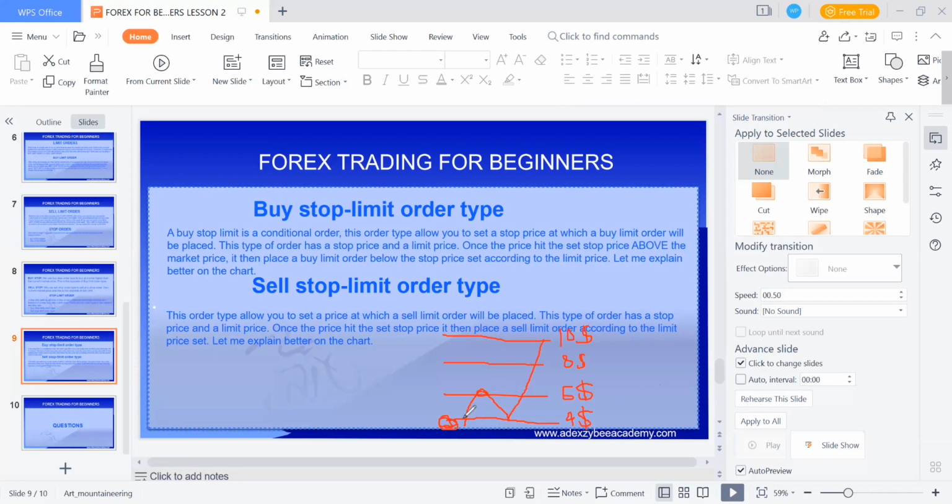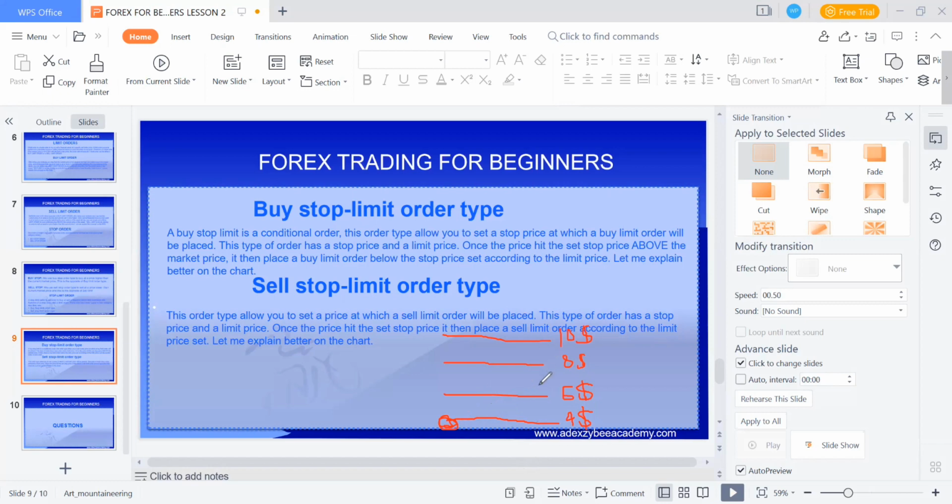You want the price to rise up to $6. If the price rises up to $6, then a limit buy will be placed for you at $4. That's why we call it conditional. Before the limit buy activates, price has to first rise up to this point. So this is what we call a buy stop limit order. If you are doing buy stop, that means you are setting a higher price at which you want a limit buy to be set for you.